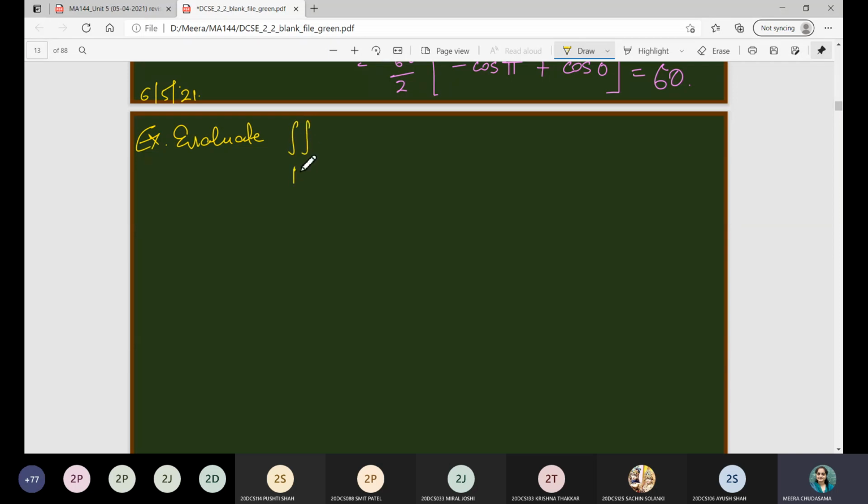We are asked to find the double integration, where the integrand is r cube dr d theta, where R is the region, or you can write, over the area included between r equal to 2 sine theta and r equal to 4 sine theta.